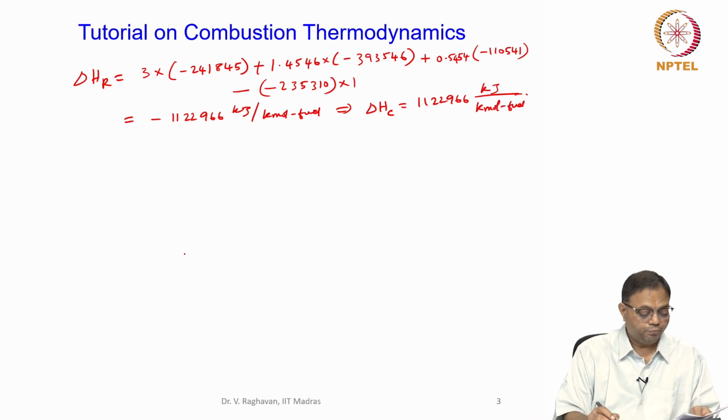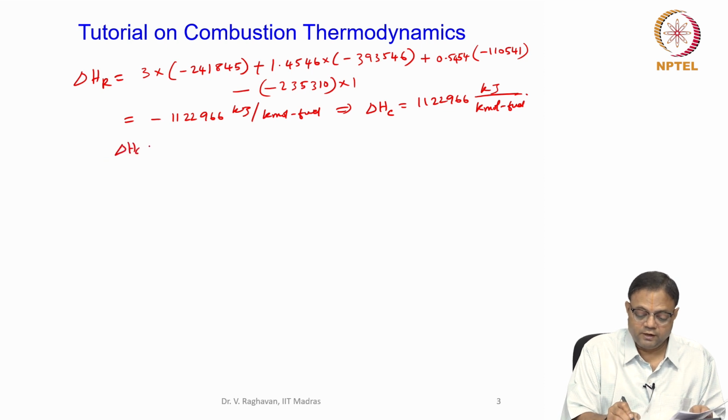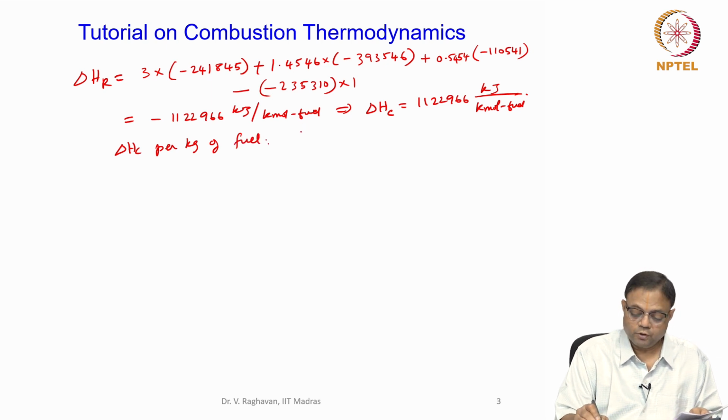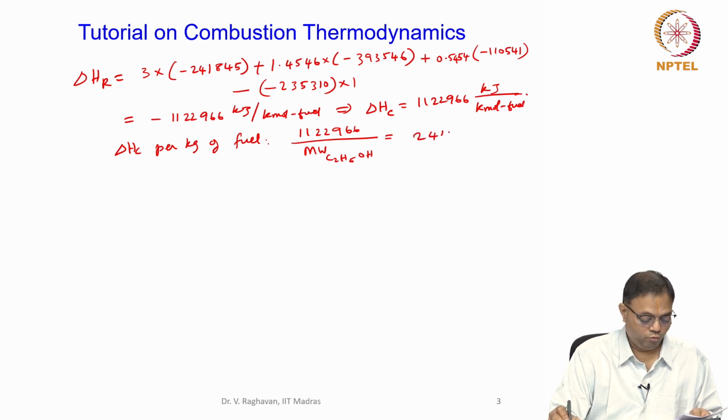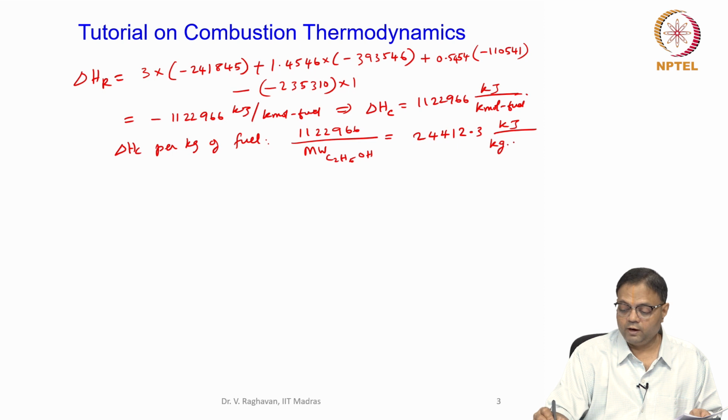Now we want delta HC per kilogram of fuel. That will be equal to 1,122,966 divided by the molecular weight of ethanol, which is 24.41 kilojoules per kilogram of fuel.